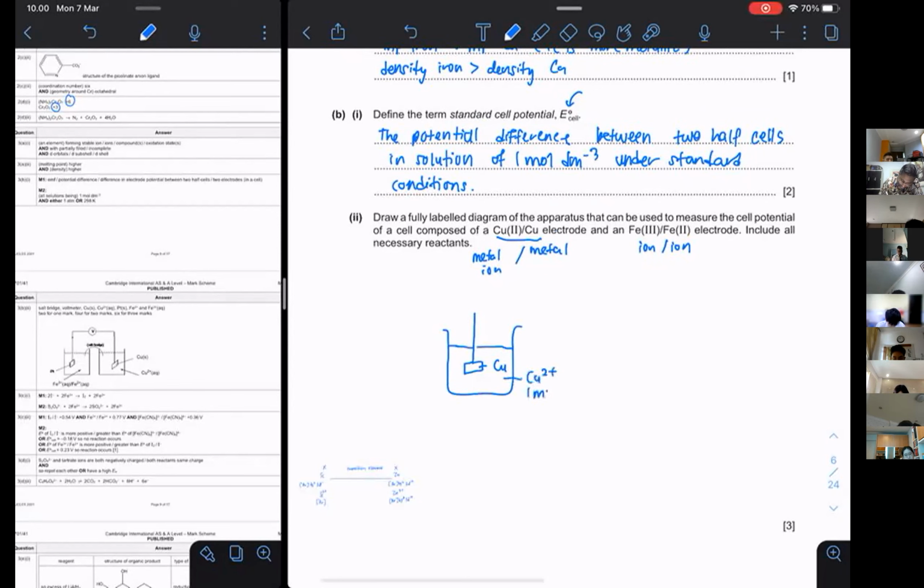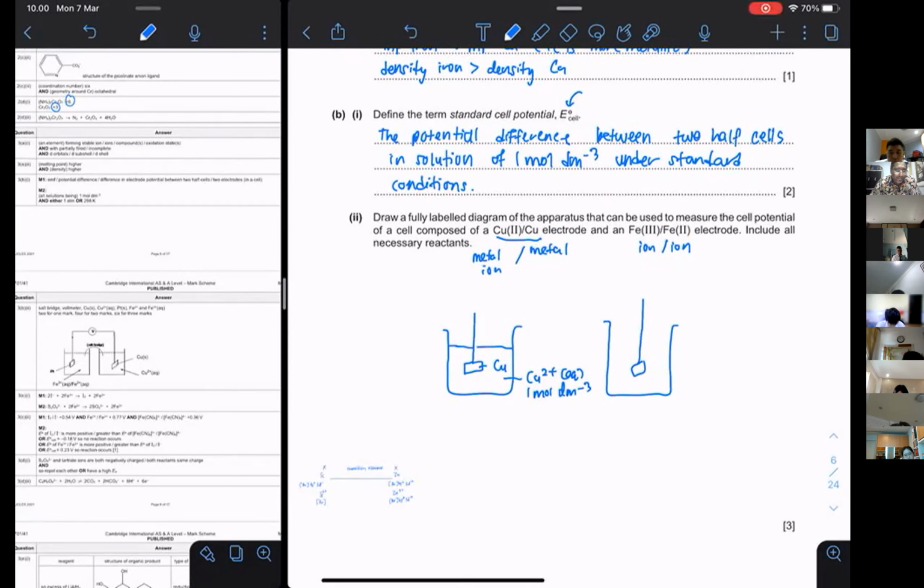1 mole per dm cube, aqueous. Then this one I want to put ion and ion. For ion and ion I still need a proper electrode. The electrode cannot be Fe; you must use platinum.